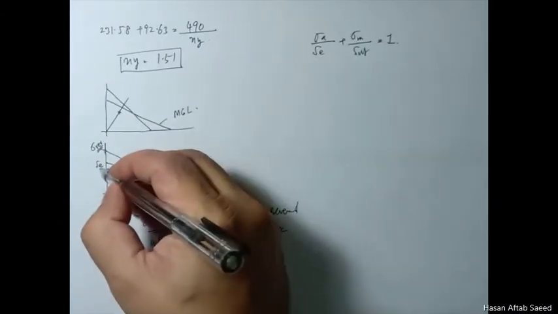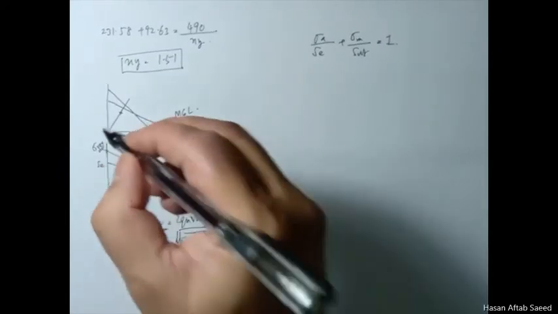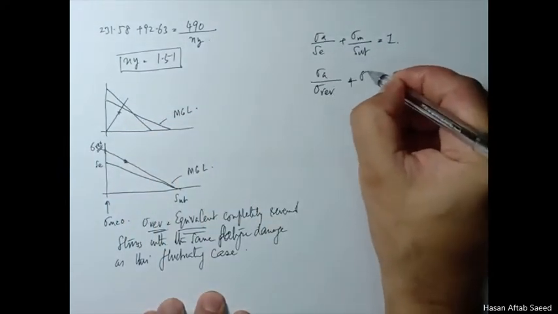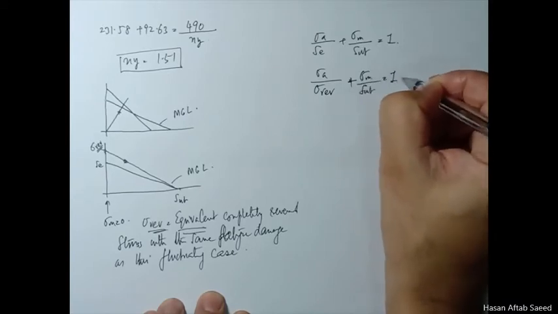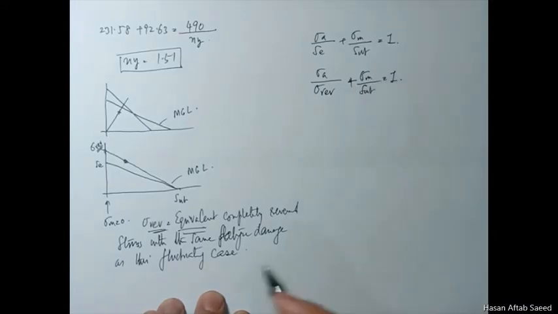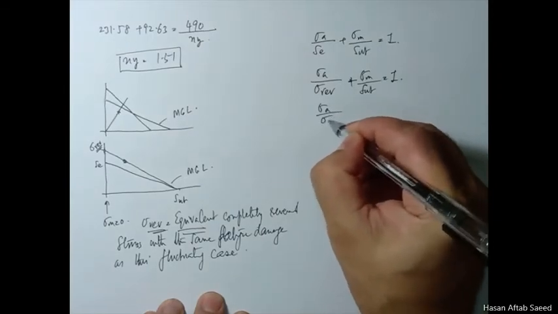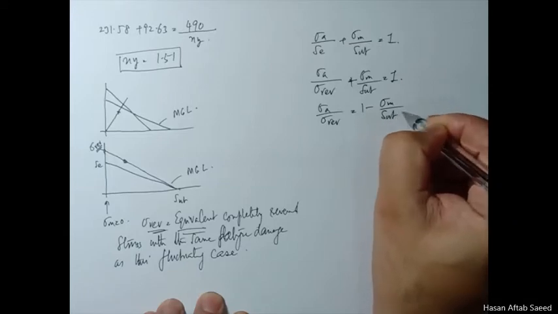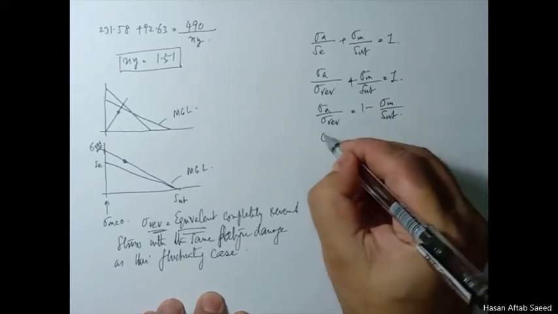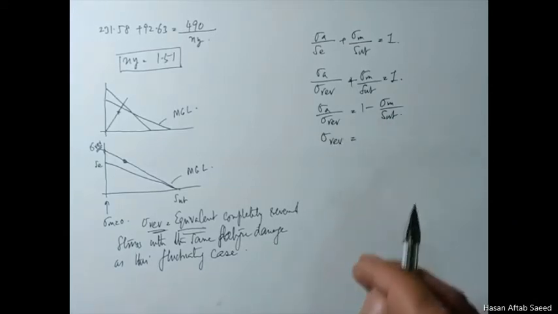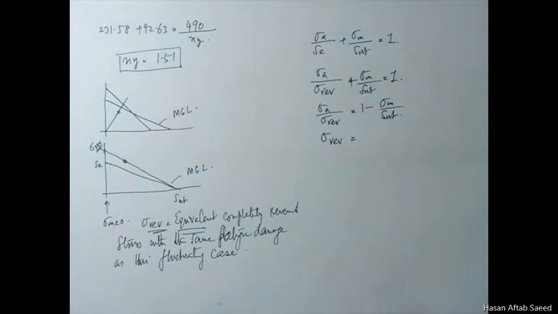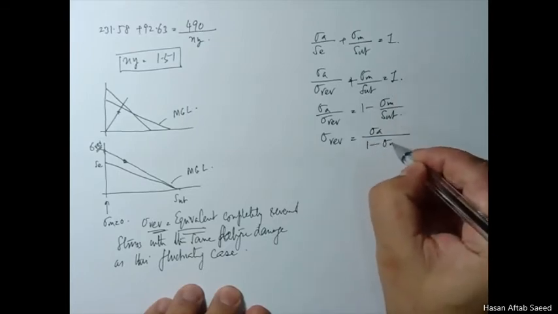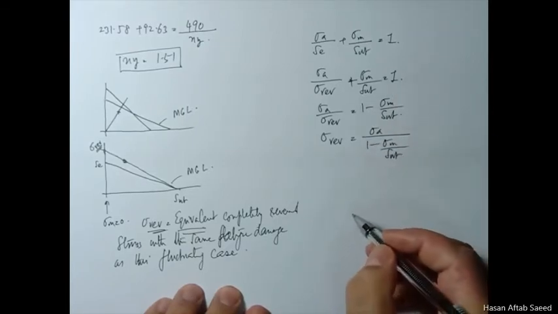So we simply replace Se by sigma rev. And if we rearrange this, sigma a over sigma rev is equal to 1 minus sigma m over Sut, and sigma completely reversed then turns out to be sigma a over 1 minus sigma m over Sut.